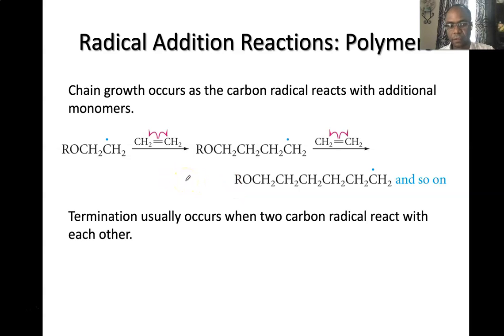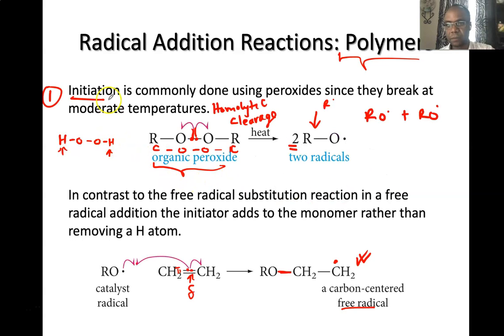So I would call this process number 1 initiation, and then this should be the propagation. This is where propagation begins, and it happens several times. So you get another radical. That's a characteristic of propagation. In initiation, you make the first radical. In propagation, you get more radicals.